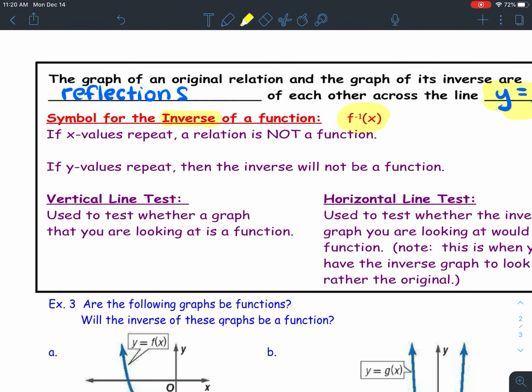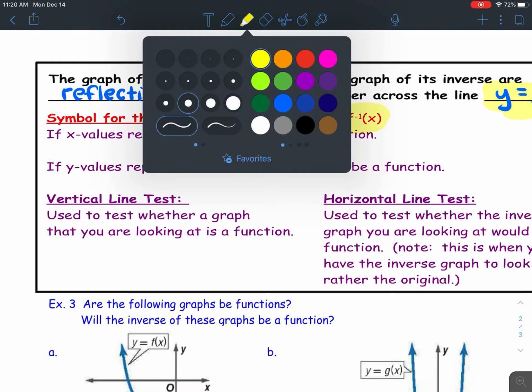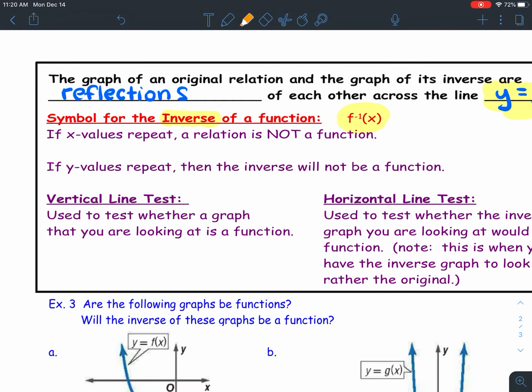Okay? Now, we learned this early on about functions all the way back in chapter 2. We learned that if your x values repeat themselves, then your relation is not a function. Okay? That would be like the original would not be a function. But I want you to think about this for a moment.